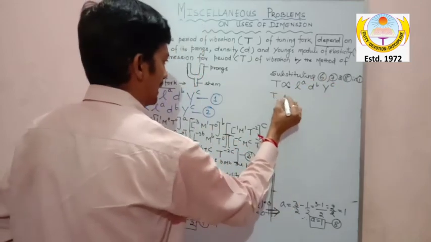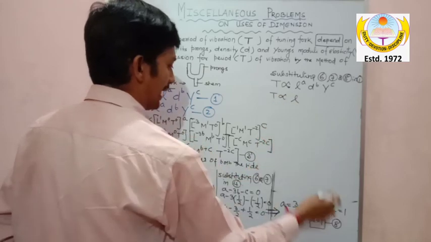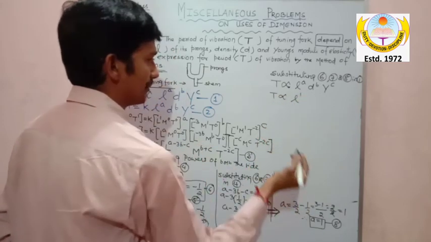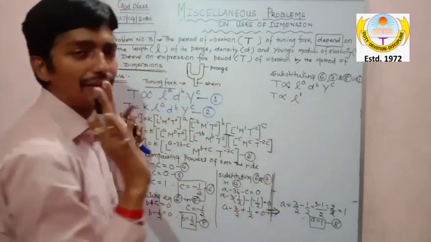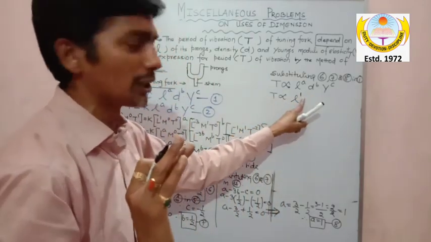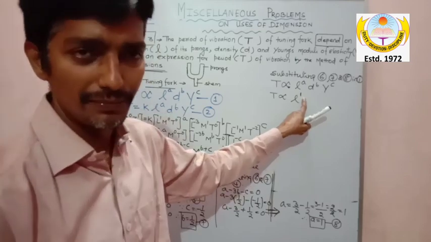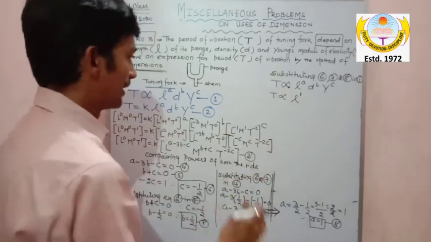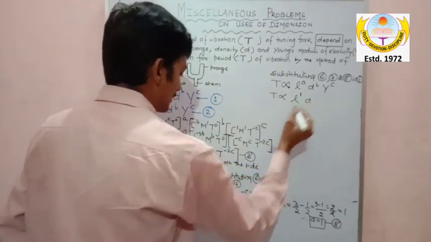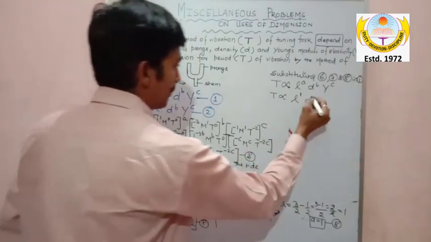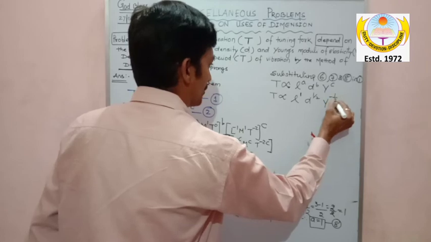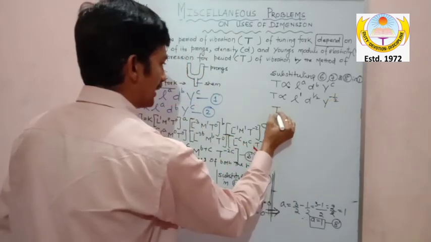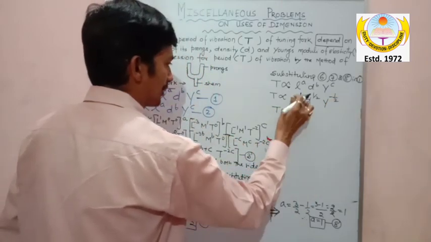So T is directly proportional to L power A, and A is 1. So T is directly proportional to length because the power is positive. Super. Next, D power B, where B is 1 by 2, and Young's modulus power minus 1 by 2. So this can be written as T directly proportional to L power 1.